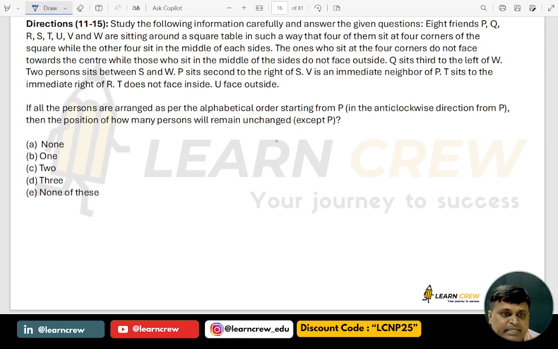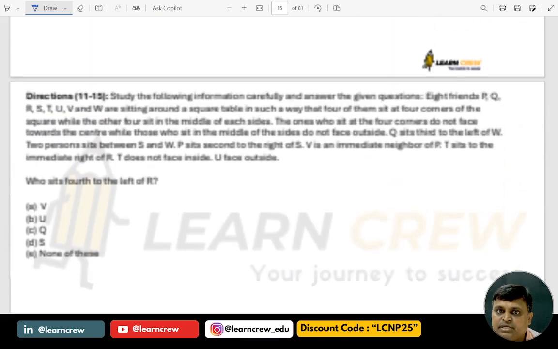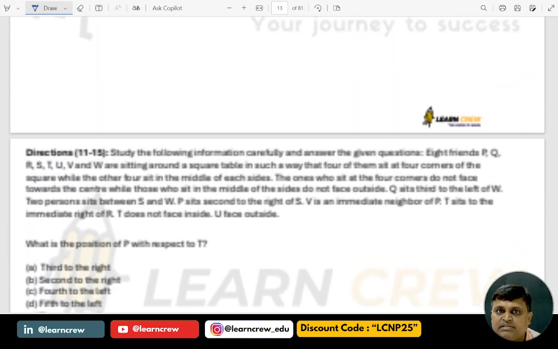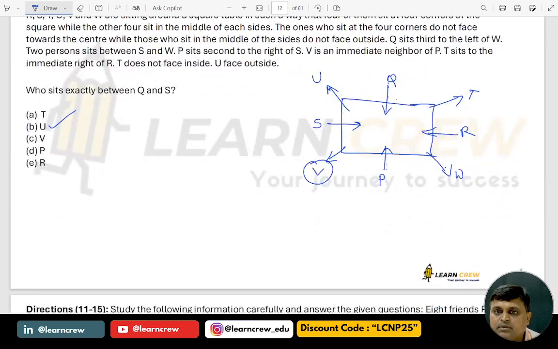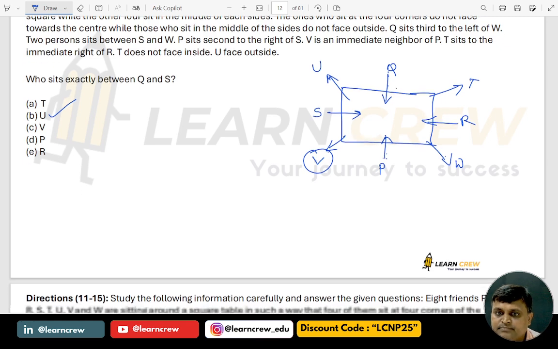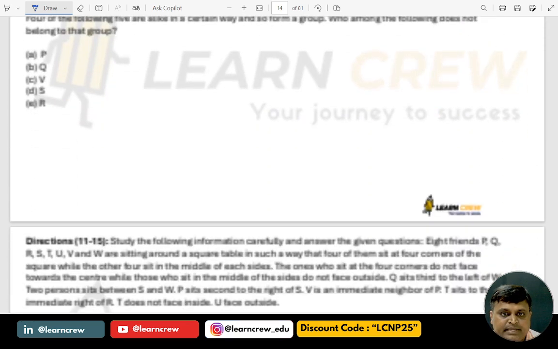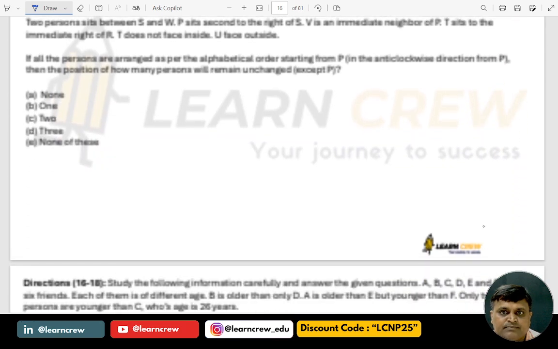So see, if the people are arranged in alphabetical order in the anti-clockwise direction: P, Q, R, S, T, U. Starting from P, the people are arranged.